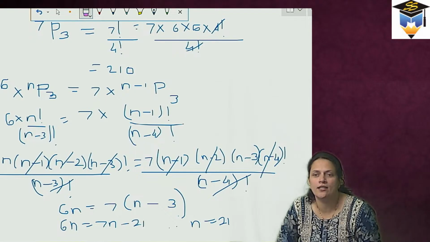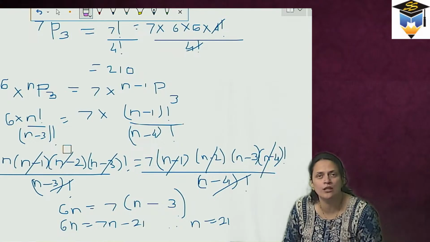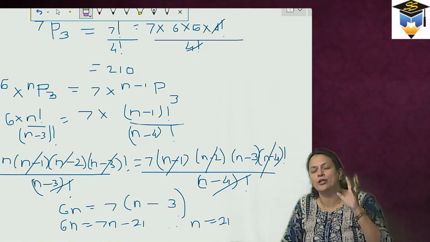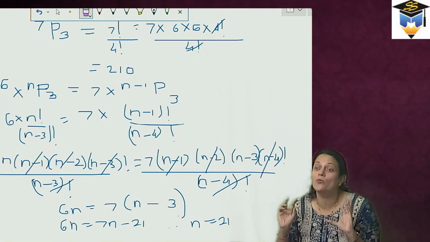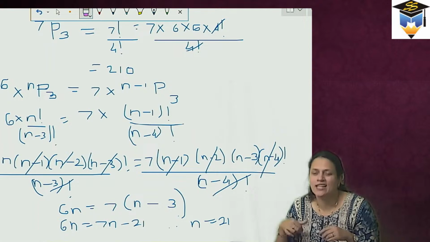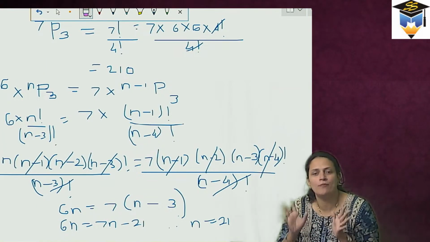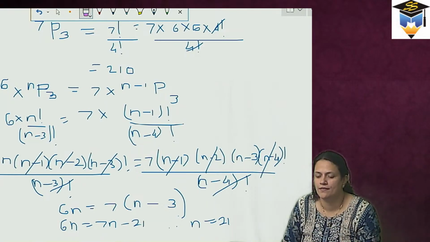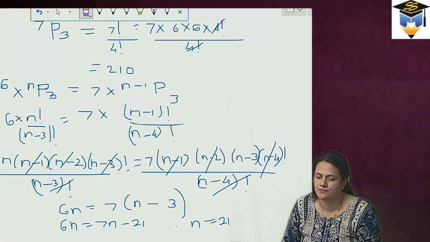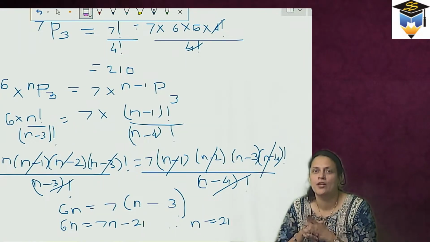I hope this is clear. This example is important, which we have taken from the module. Generally examples from the module are the same, only the numbers or the wordings are different. In the last maths paper, the wordings were different, but the questions were from the same module. They have not shown all these steps in the module, so please write them down. Understand them.